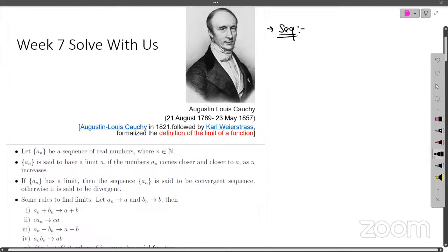So a sequence is nothing but a function from natural numbers to any set. You can take integers, rationals, or real numbers. It doesn't matter what your codomain is, but the main thing is your domain should be natural numbers.